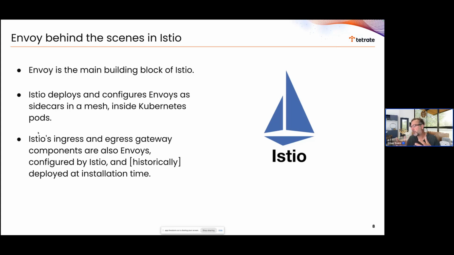And for those of you who've looked at Istio, you know that Envoy is used in two main capacities. One as a sidecar in a mesh to act as both a forward and reverse proxy between services internally, but also as an ingress or egress gateway component in Istio, which historically you would deploy at installation time. So Envoy really features prominently in Istio.